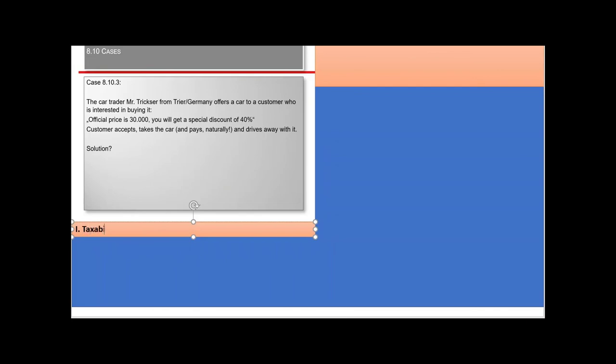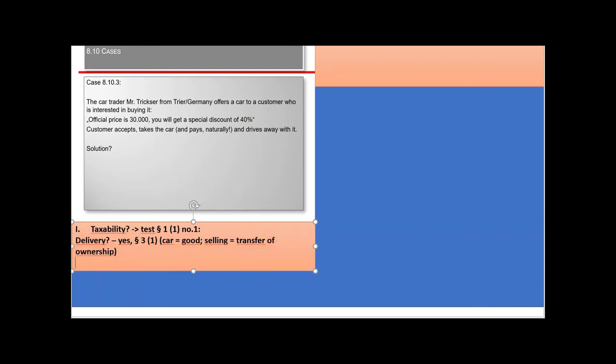Probably that's boring, but the first question is: is it taxable? And so we have to test number 1. Is this a delivery? And the answer is yes. 3.1. We have a car, which is a good, and selling is transfer of ownership. So clear case. Place of delivery. Well, customer takes the car home, so it is moved.